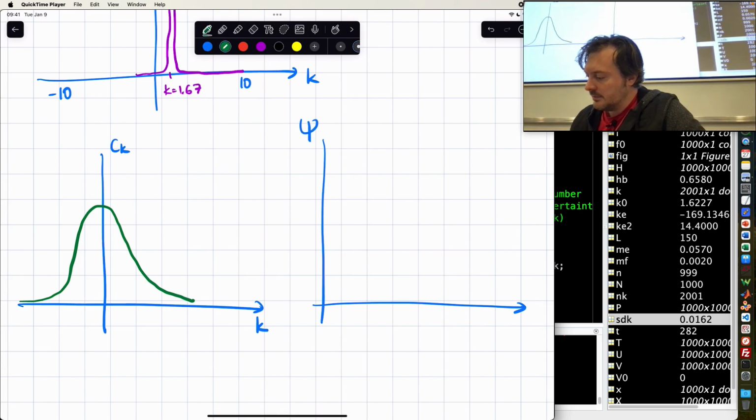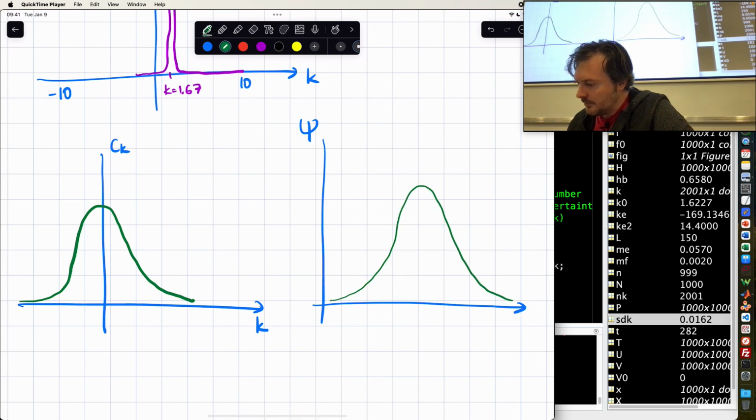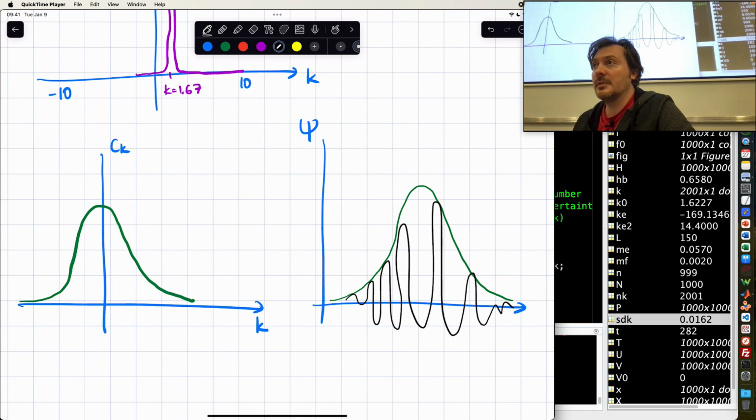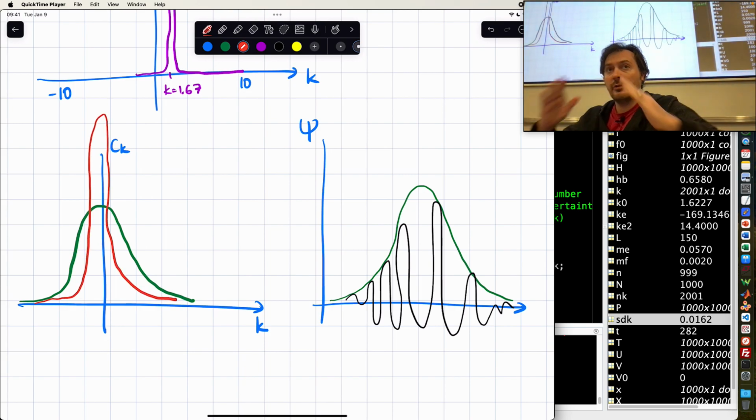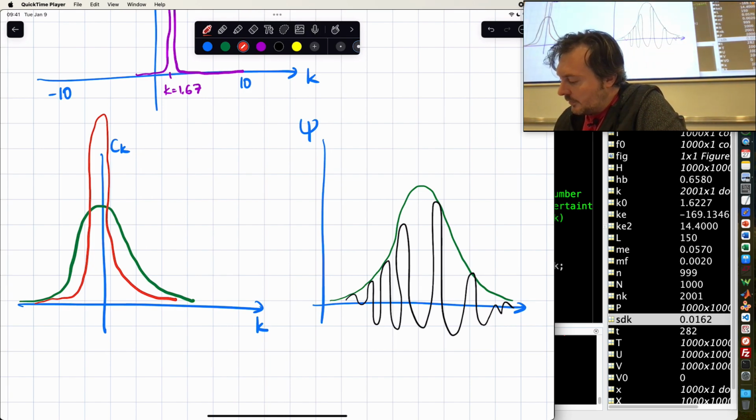For the green one, I have a rather normal envelope, and inside I have the function. For the red one, which is more localized and sharp in the K space, I have a more extended wave.